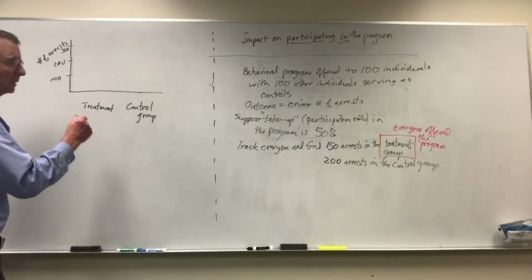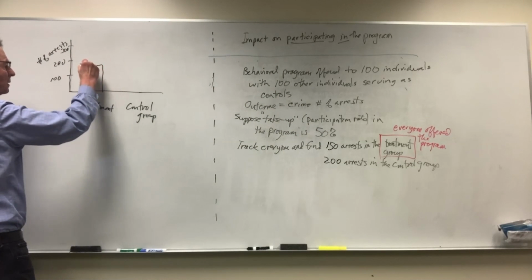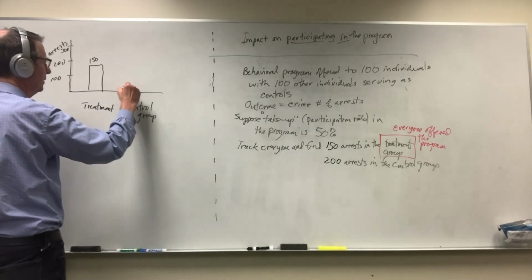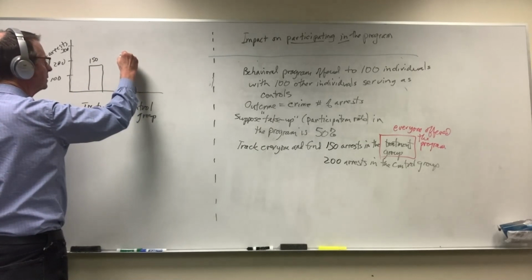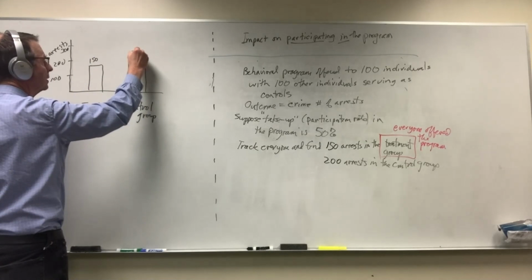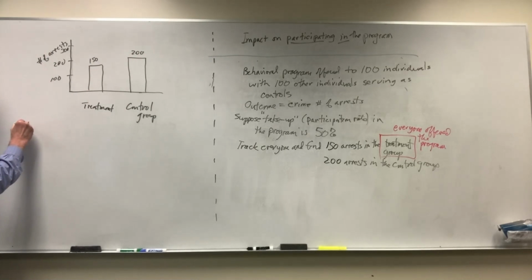So we've got 150 here total, and then 200 here. So first question, what is the ITT?